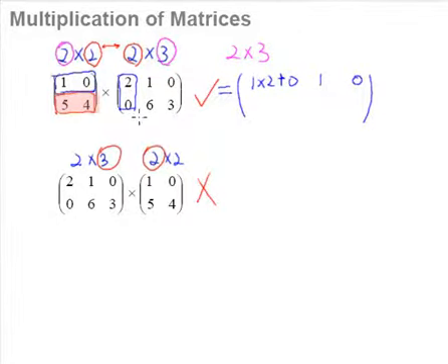We repeat the same process again, second row, but now first column, next column, and so on and so forth. For the second row and first column, we will do 5 multiplied by 2, which will give us a 10, plus 4 multiplied by the 0. Of course that will give us a 0 as well. Then we move on to the next column. After we use up the first column, we go to the next column.